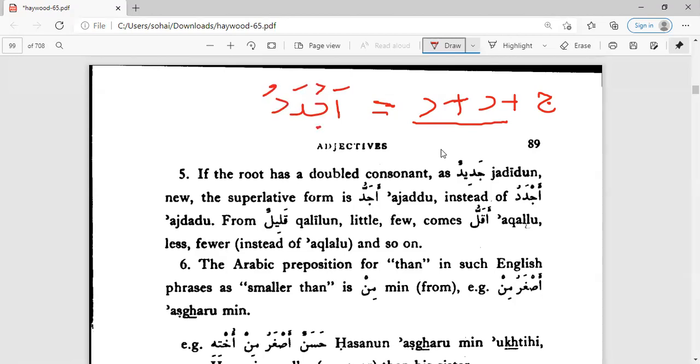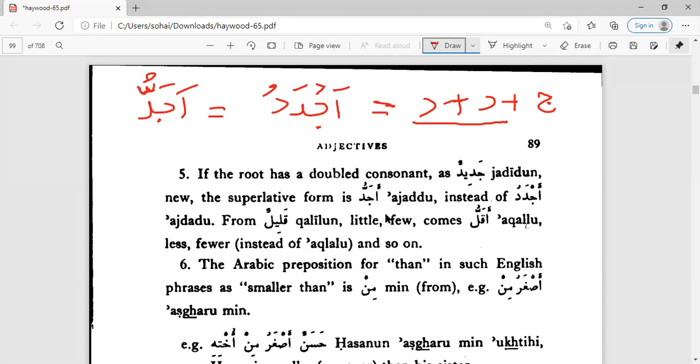But in this case, what you do is you just put the two dals together and make it into shadda, so it becomes ajaddu. Ajaddu. Does that make sense?